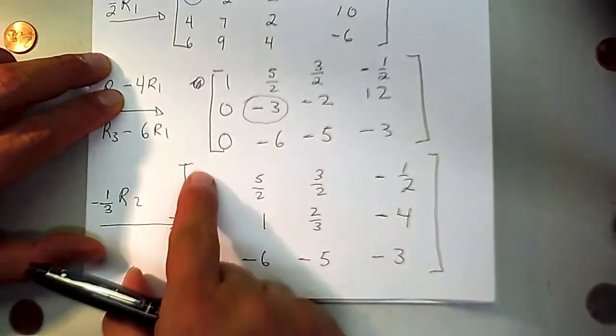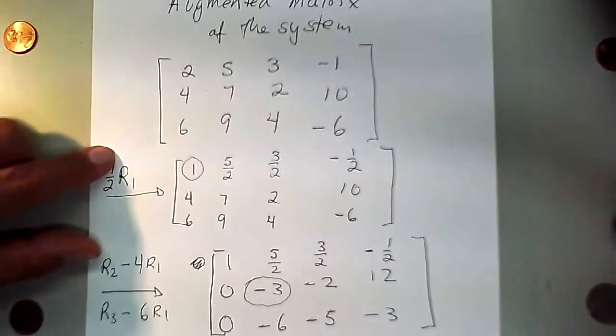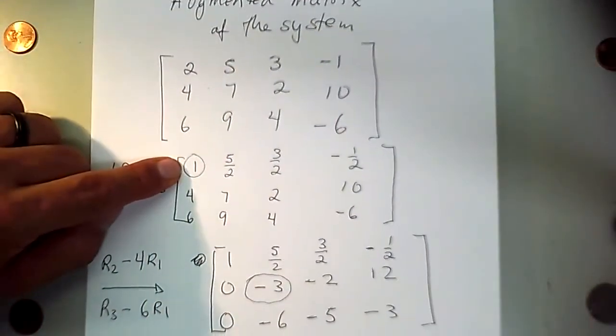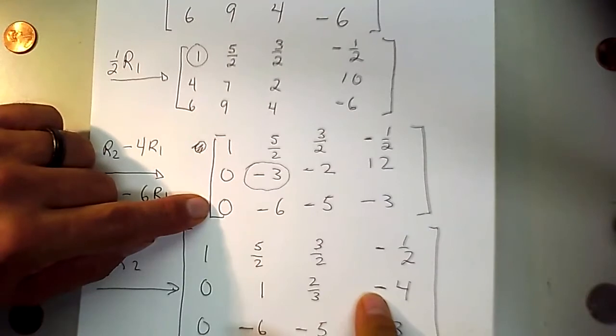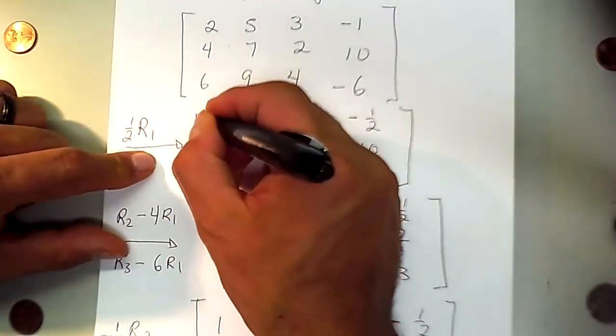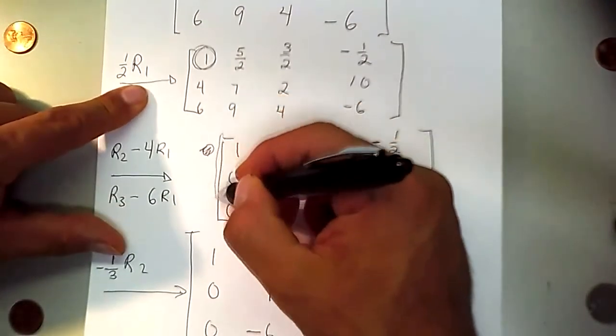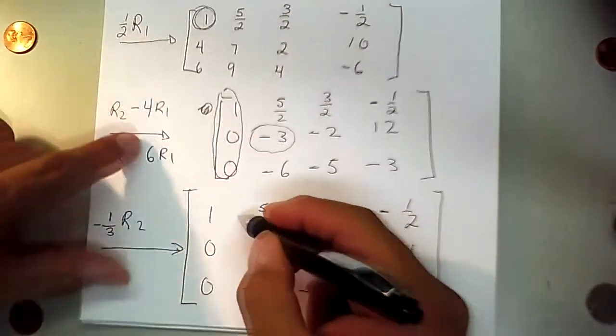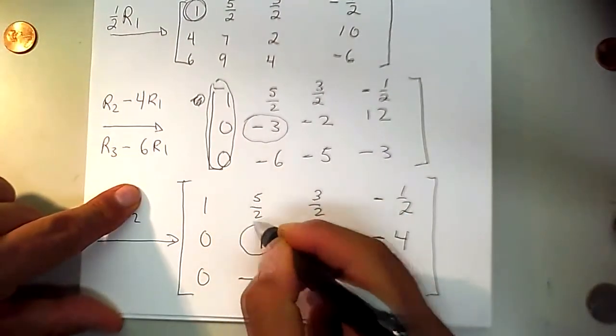Okay, so we got 1. Let me start all over. We start with a 1 there, 0, 0. So this is the first thing we focus on, and then 0, 0. Then we move down to this position.